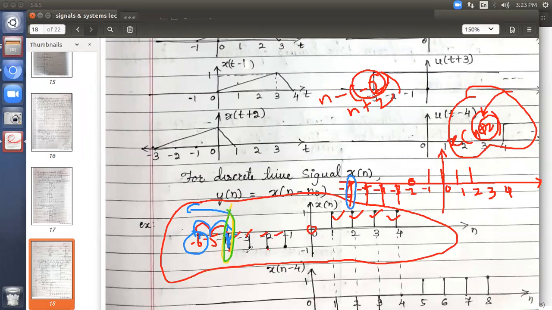How many samples are still remaining further? 1, 2, 3. After this minus 4 sample, we have 3 more samples. I have just now drawn this minus 4 sample at minus 6. Still 3 more I have to draw. I have drawn that continuously because 4 samples are continuous. If you observe here, 4 continuous samples are there, with minus 1 amplitude.